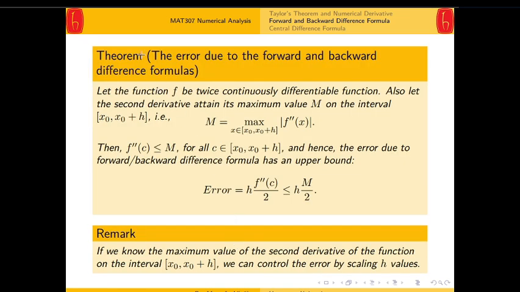Okay, some theorem. The error due to forward and backward difference formulas.